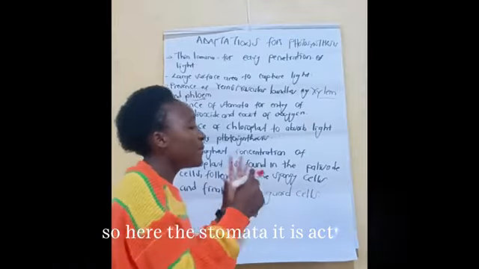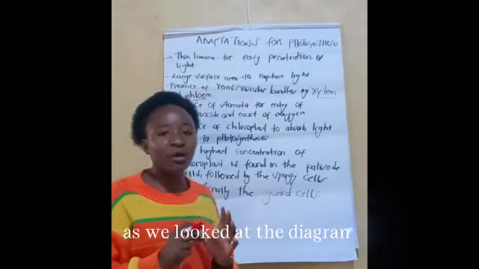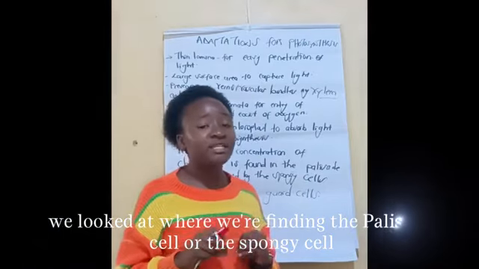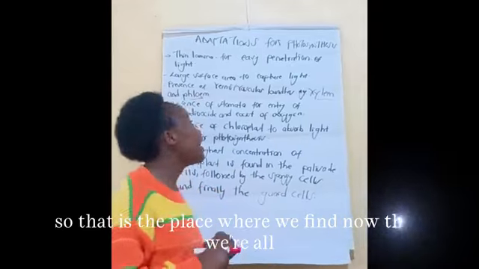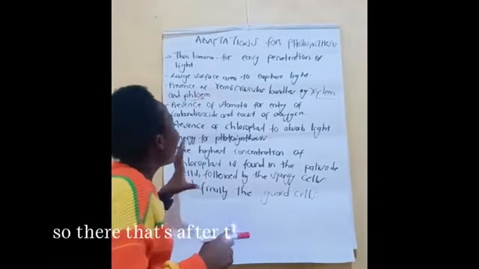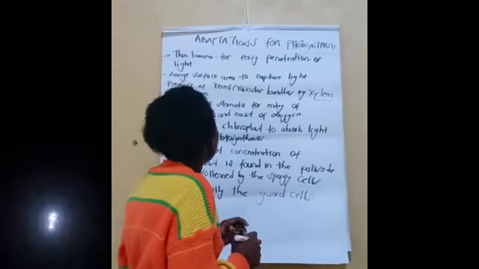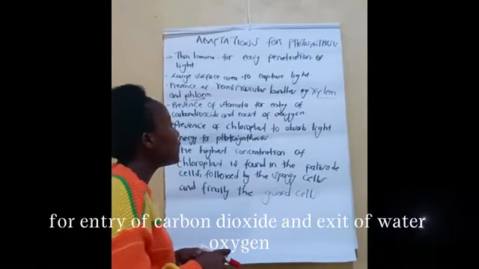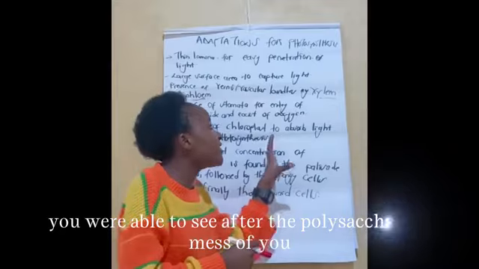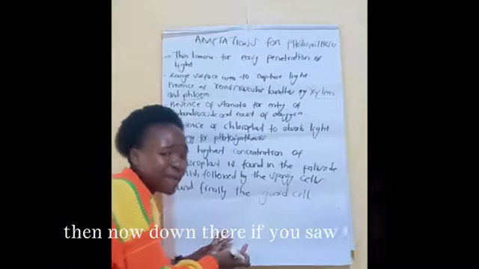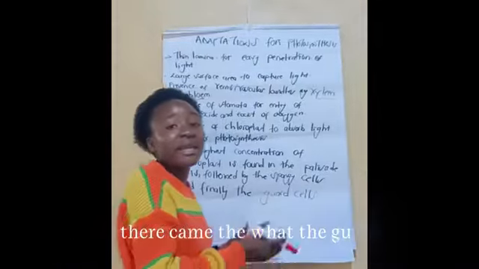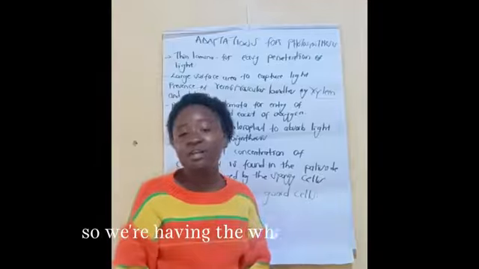Okay. Then we go to the presence of stomata. As we looked at in the diagram, we find the palisade cell or the spongy cell or the palisade mesophyll. That is the place where we find the what? The presence of stomata for entry of carbon dioxide and exit of what? Oxygen. After the palisade mesophyll, there came the lower epidermis. Then down there, there came the guard cell, and just there on the guard cell we have the stomata.